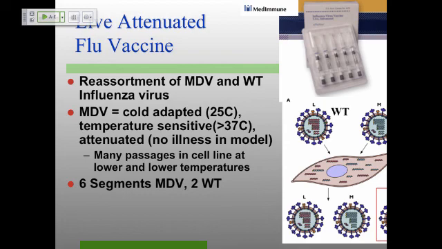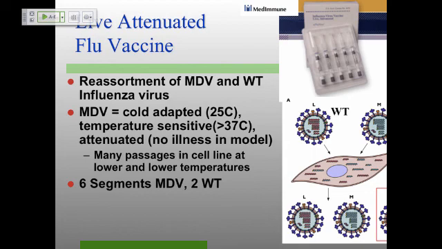So in the case of the FluMist, you have 6 segments which are this cold-adapted, and 2 which are your wild type. I can't remember which ones they are. But the idea here is that what you have is now a virus which replicates in the upper respiratory tract as opposed to the lower respiratory tract, and replicates enough there to generate a nice immune response such that for the rest of the time you're in pretty good shape.